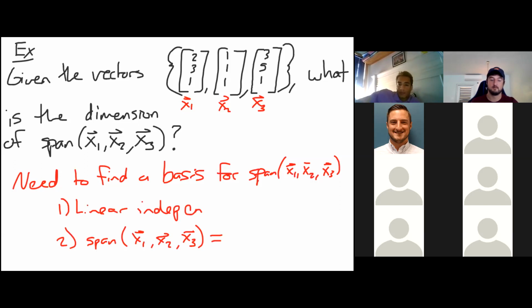X1, X2, and X3. The span of x1, x2, and x3 is all linear combinations of these vectors, which means the span of x1, x2, and x3 is the span of x1, x2, and x3.